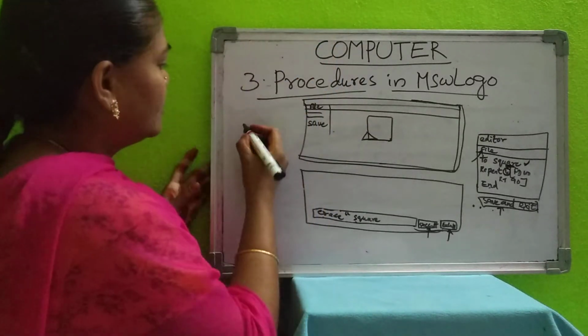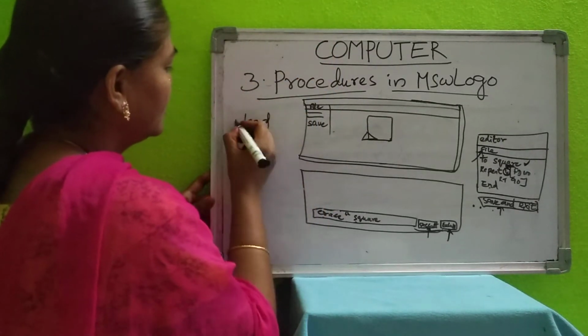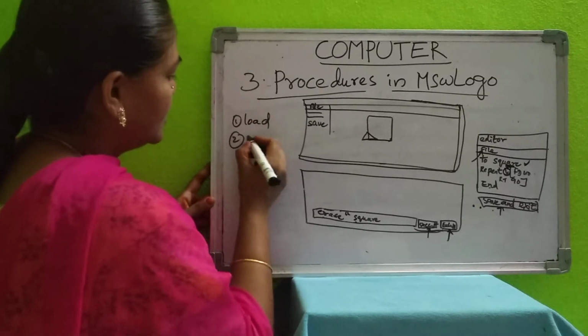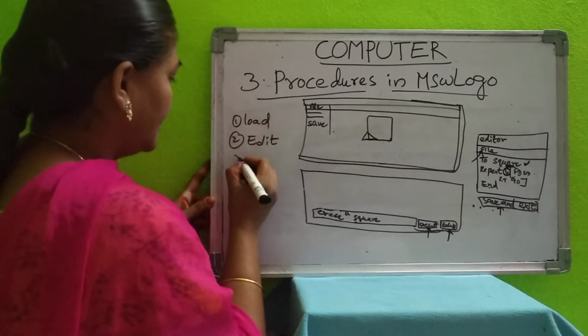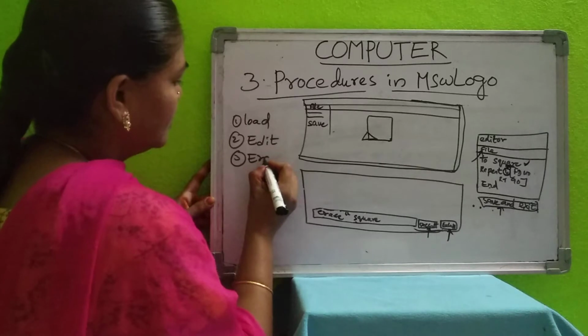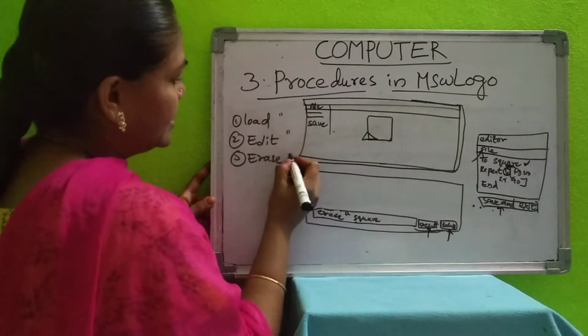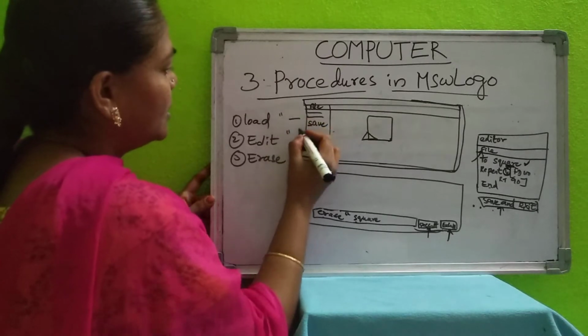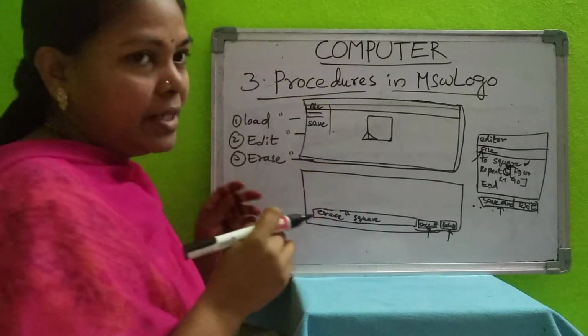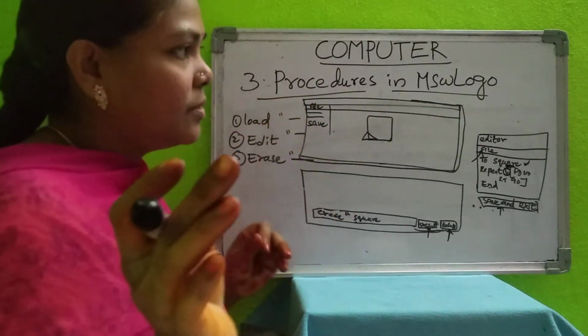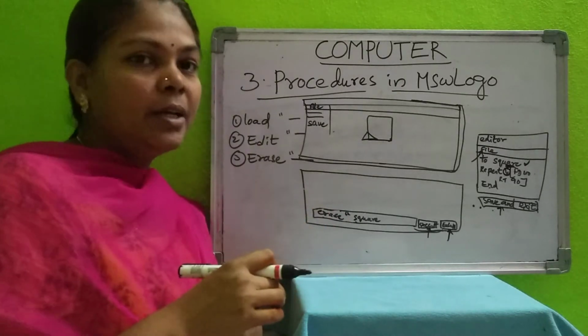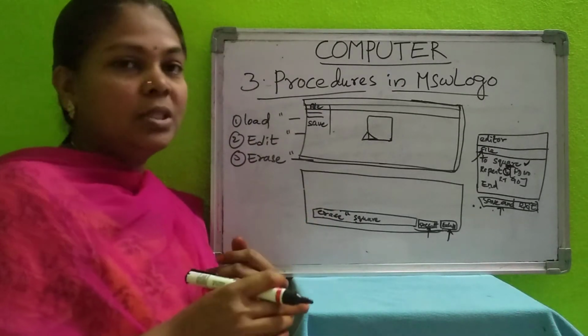So we can load a procedure, we can edit the procedure, and we can erase the procedure. Same, space, double quotes, one side only, not two sides. Here procedure name we have to mention. These three operations we can perform on a logo procedure.